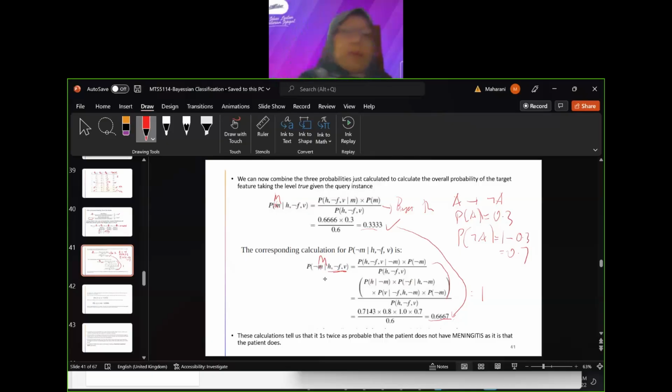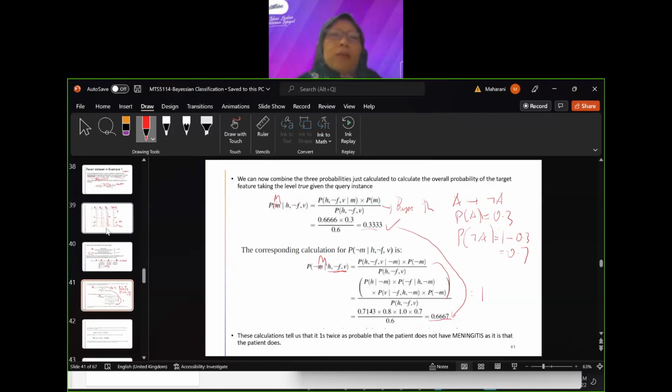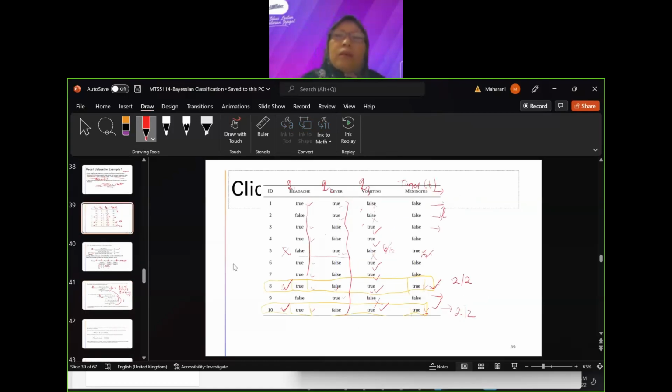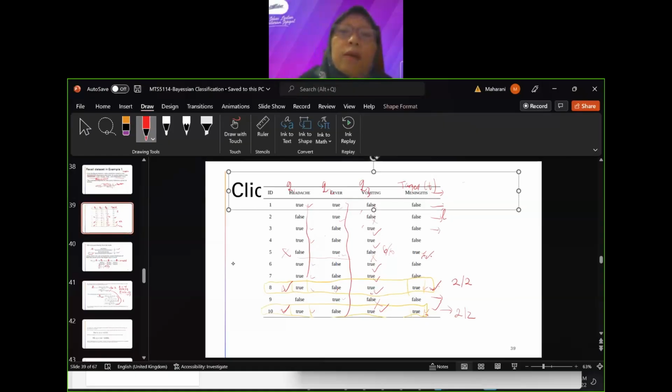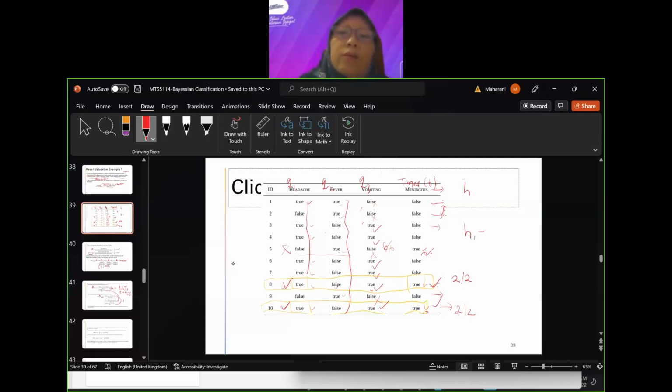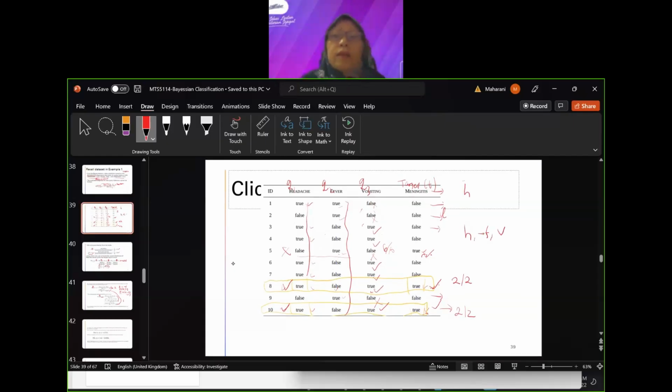Right. So very nice of Bayesian, right? We can predict like that, from the 3 features. We can play around with these features. At the moment we just have the features headache, non-F, and V. You can explore more. What if the patient has no headache, but has fever and vomiting?